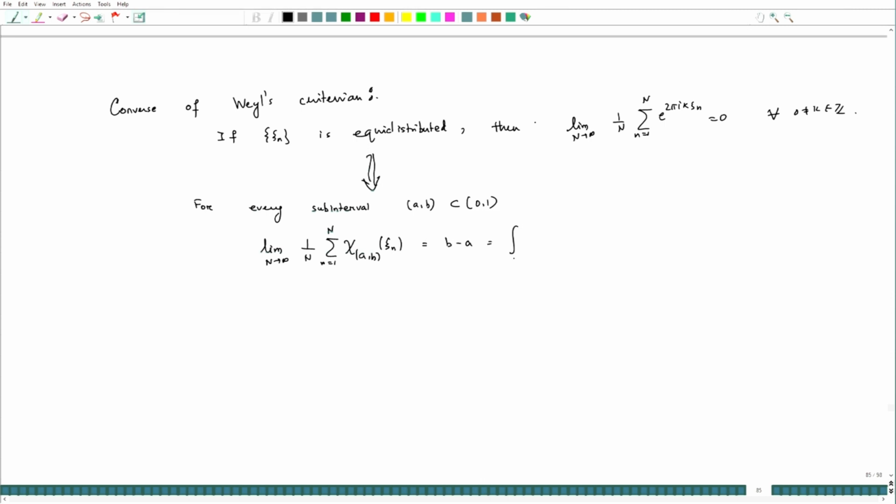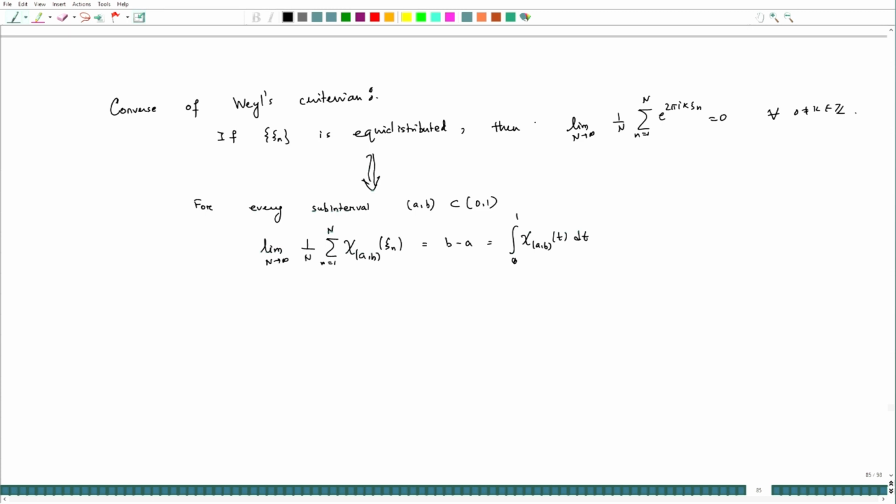That means this is the integral from 0 to 1 of the indicator function of a b. This is given to us. Now, what we will prove is that this also holds for other functions.